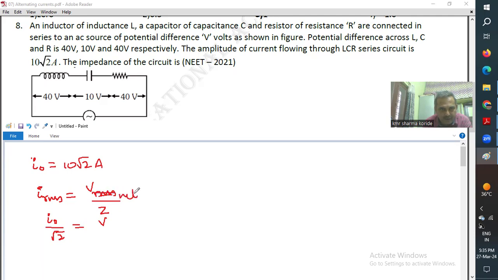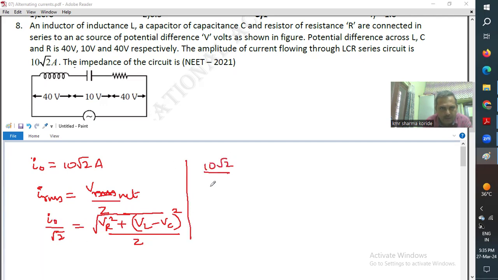Understand that V net is nothing but under root VR square plus VL minus VC whole square, divided by Z. Now I naught is 10 root 2 divided by root 2. Now VR square is 40 square, which means 1600, plus VL is 40 minus VC is 10, but whole square. This entire quantity is under root, divided by Z.